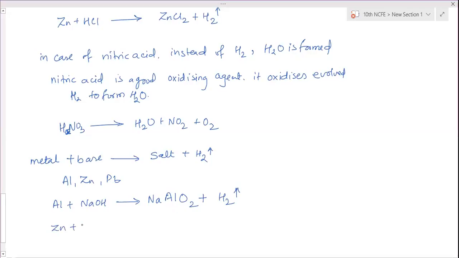And with zinc, it will form sodium zincate, Na2ZnO2, plus hydrogen gas. Only these two reactions with NaOH you have to remember.